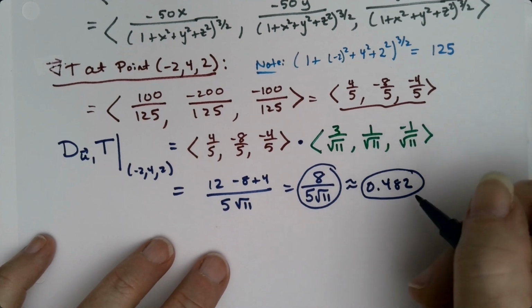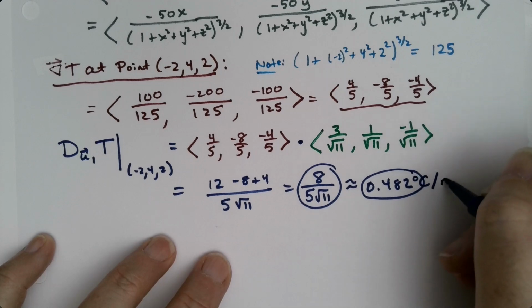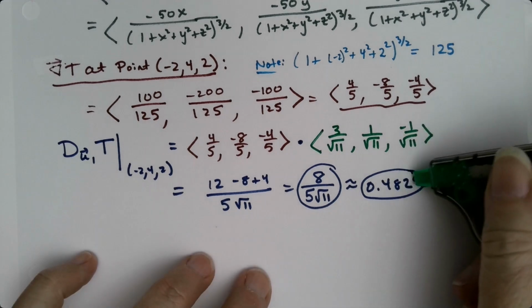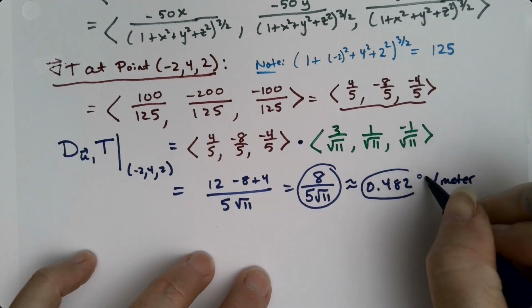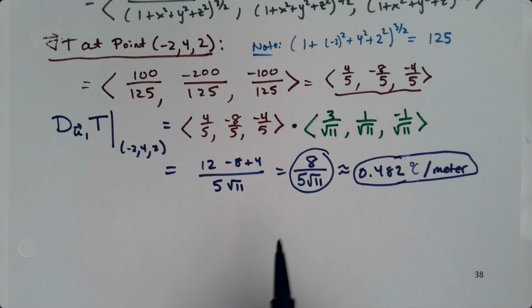And keep in mind, that would be degrees Celsius per meter, right? So degrees Celsius per meter, if we're assuming the same units as the previous problem. Same unit for both of them.